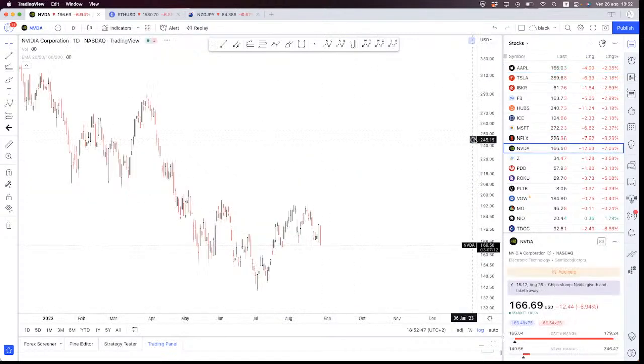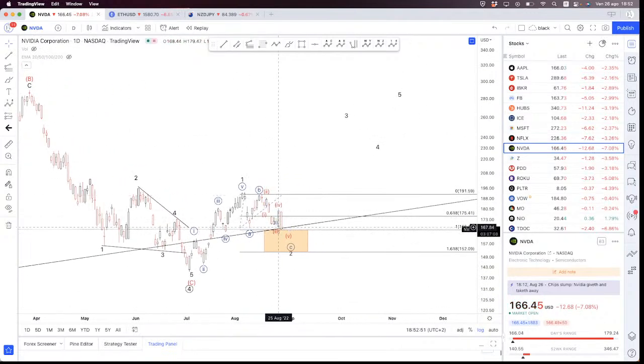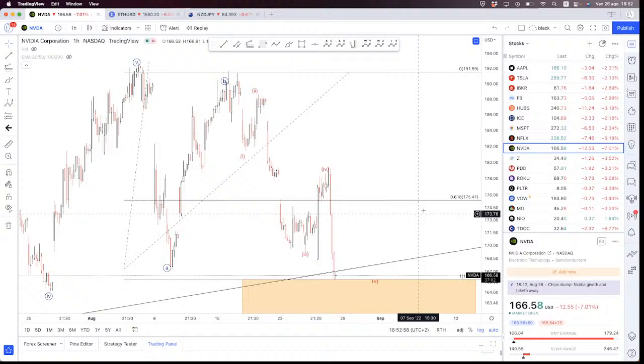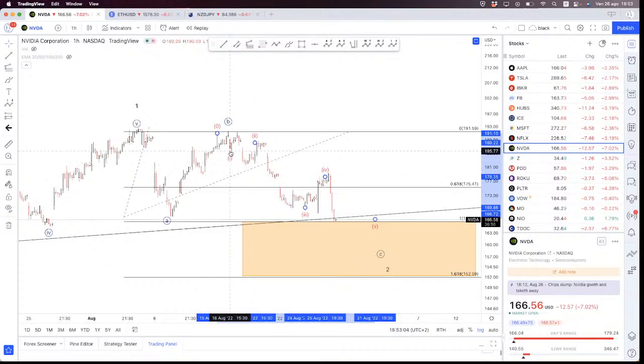Nvidia has been tracking down. We're entering the golden box, so we could look for upside. The only issue I have with this count, let's go to the hourly to show you, is that here it would be 1, 2, 3, 4, 2, 3, 4, 5, 4, 5.